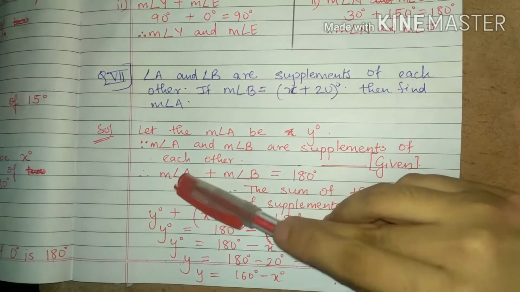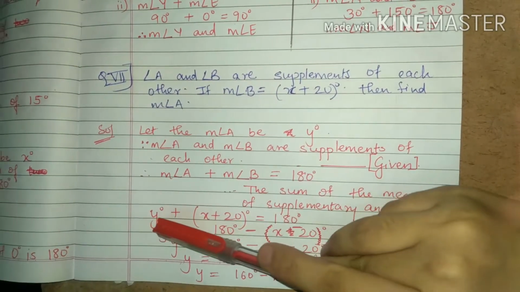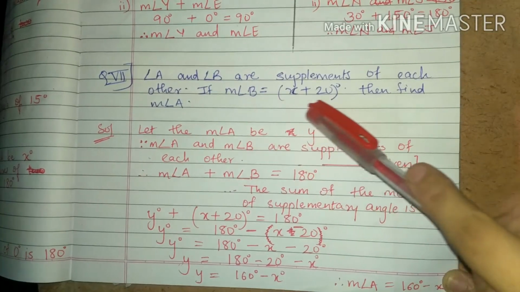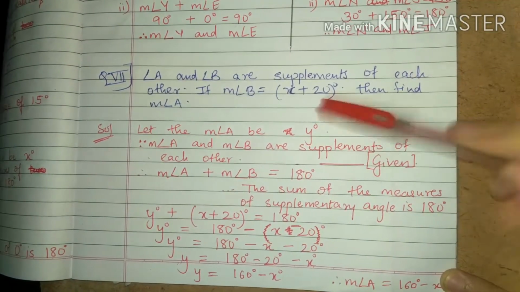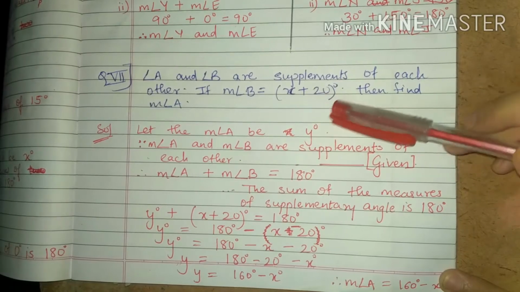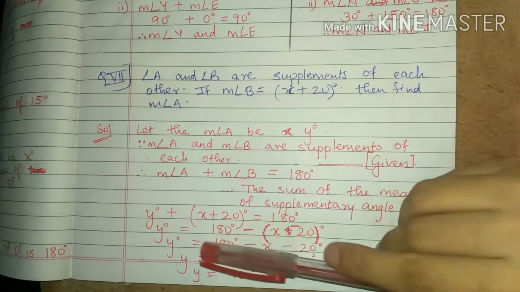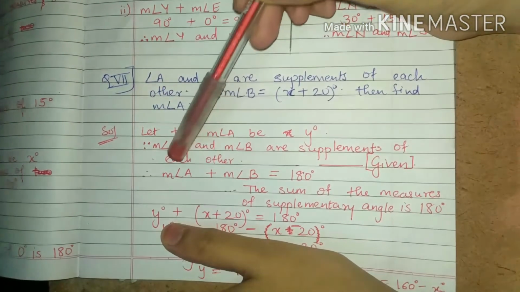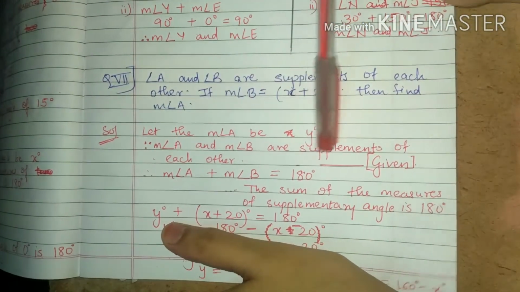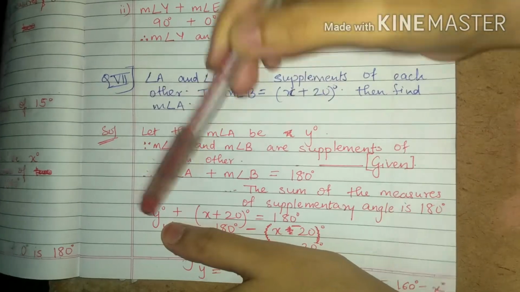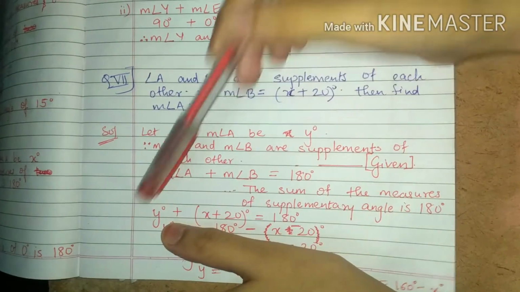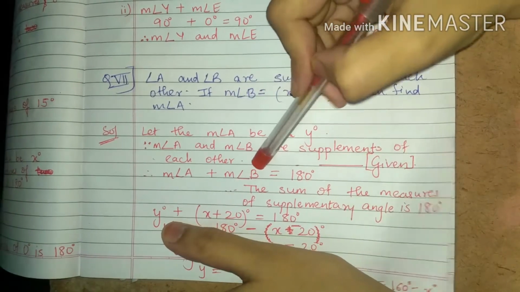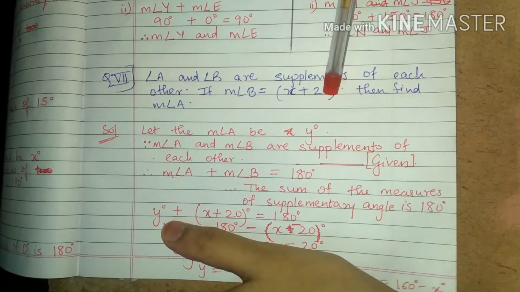So in place of measure angle A, you will write y. Then plus measure angle B, how much? They have given x plus 20.